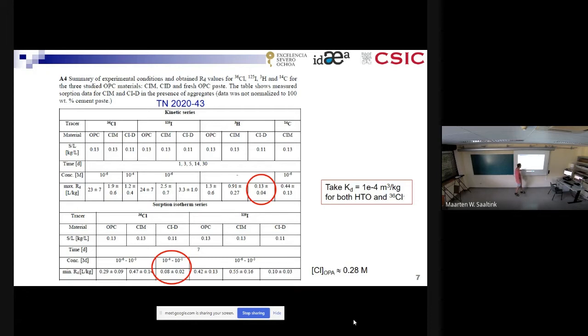The values are about 0.1, 0.13 potential sorption for tritium, and there's a range of values, but the large value, which corresponds to the large chloride concentration that we have in the pore water, is also 0.08. So the number I take for both is 0.1. These two numbers are very close to 0.1. So I take 0.1 liter per kilogram, which is the same as 10 to the minus 4 cubic meters per kilogram. So this is the value I'm going to consider in principle for these calculations.